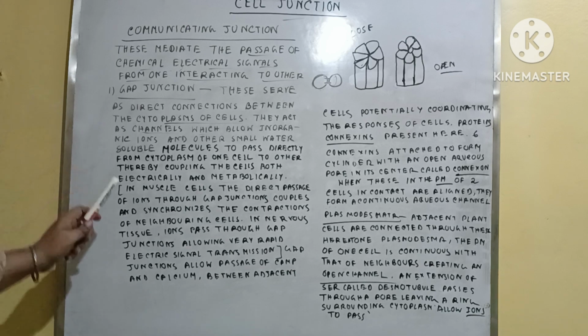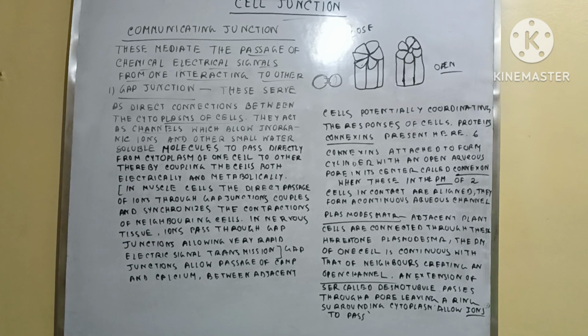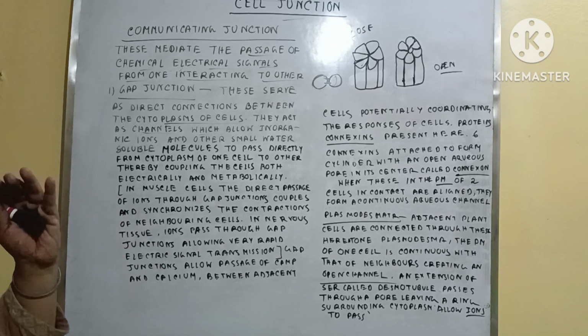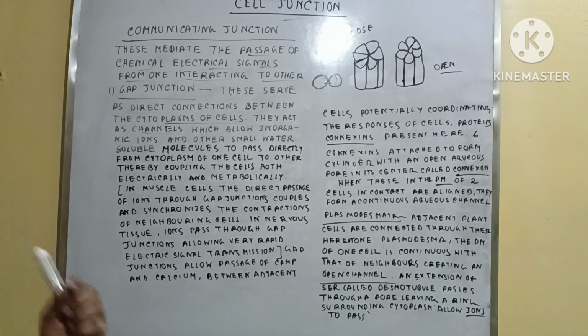Clear? So the gap junction makes direct contact with the cells, forming a channel-like structure between two or more cells, so the passing of ions or small molecules continues.